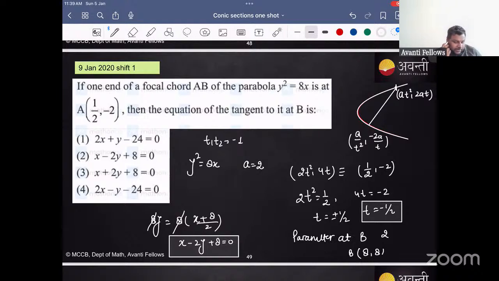So one end of the focal chord is given to you. Another end we can find very easily, and once we got the another end, equation of tangent can be written simply in the form of point, yy1 equals to 2a times x plus x1. Understood everybody?